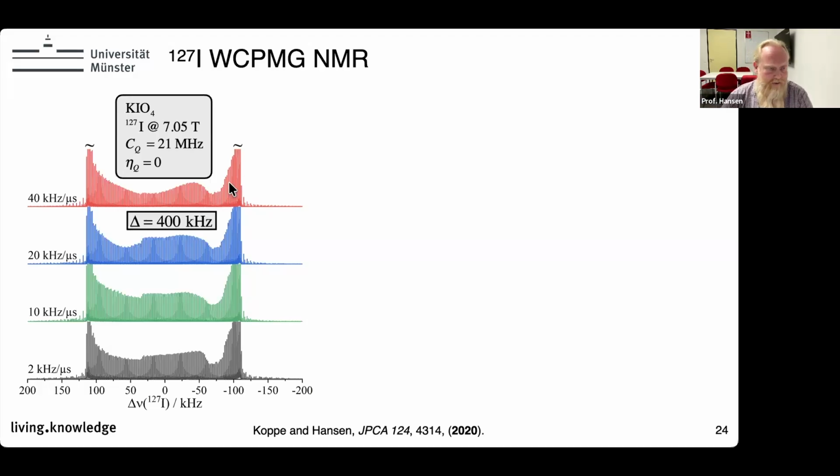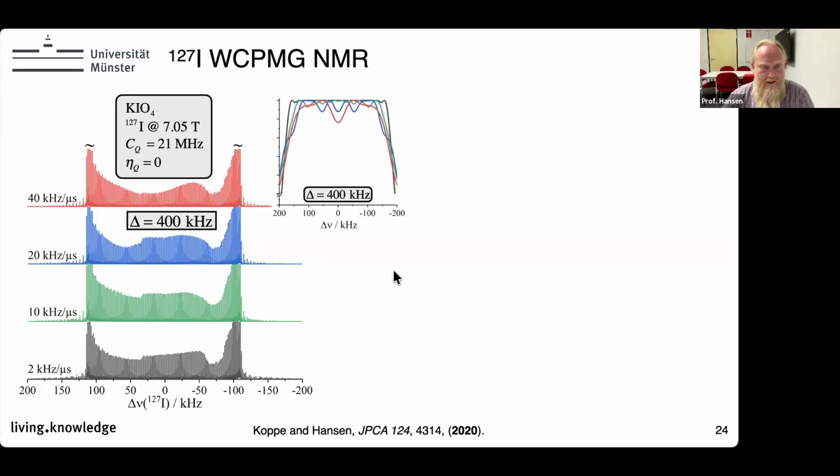But as soon as you turn down the rate, put the rate down to 20 or 10, you can clearly see, especially at the singularity, that it gets even better. But you can also see that this leakage point that I pointed out on the previous slide is still there. So you need to be careful that there is intensity, but it's simply just leakage due to the satellite transition.